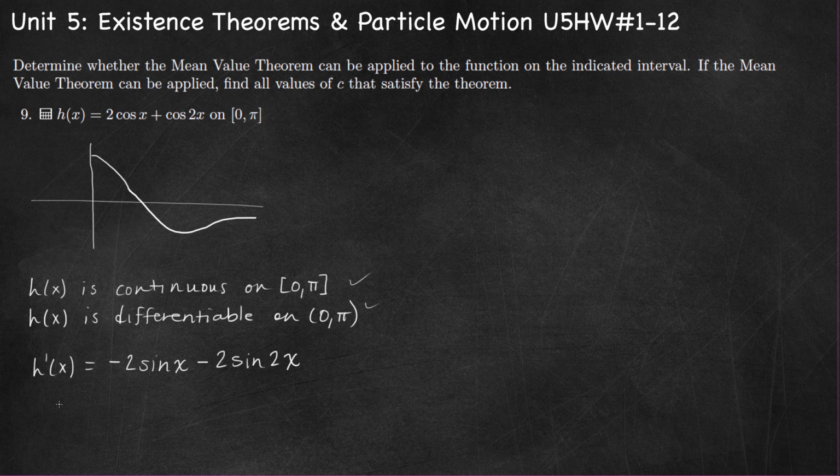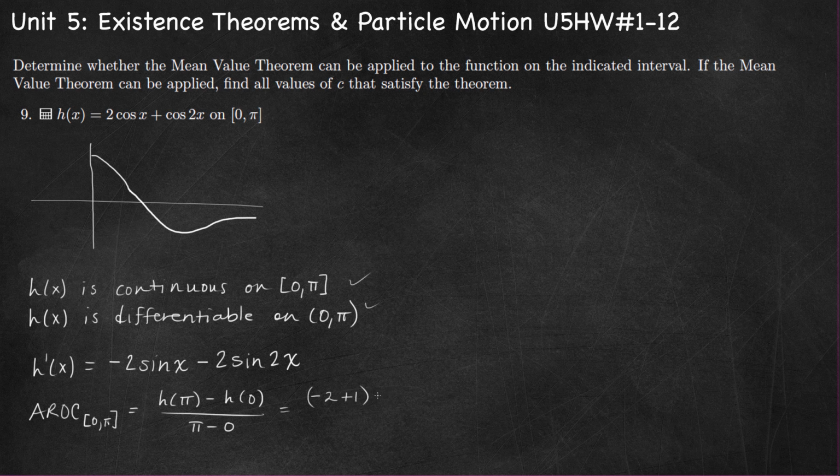To find our average rate of change on the interval from 0 to pi, we're looking for h of pi minus h of 0 over pi minus 0. So h of pi, we need 2 times the cosine of pi, that's -2, plus the cosine of 2 pi, cosine of 2 pi is 1.